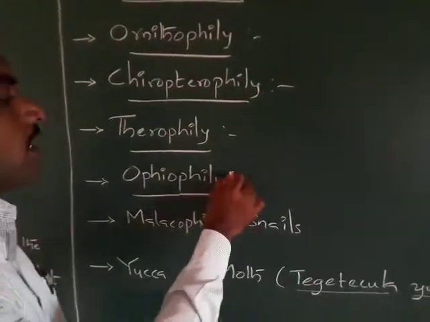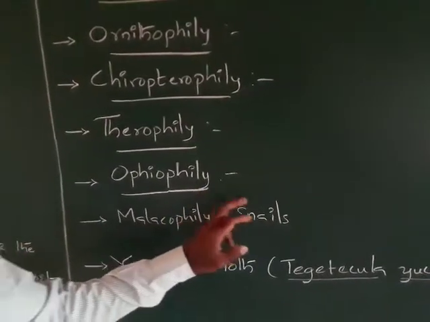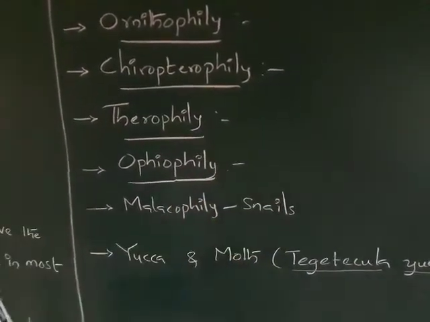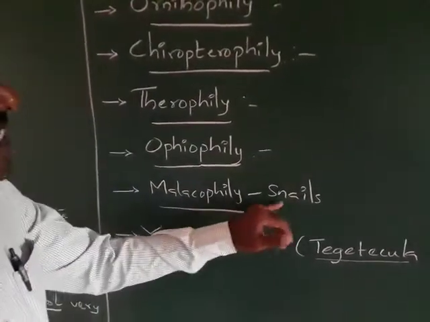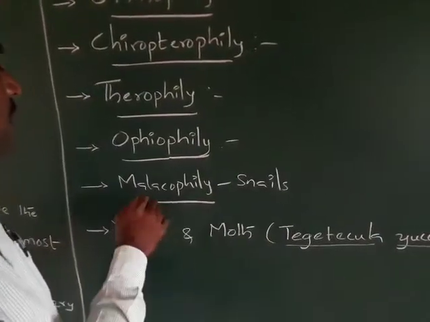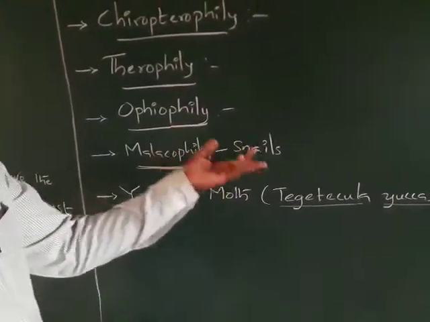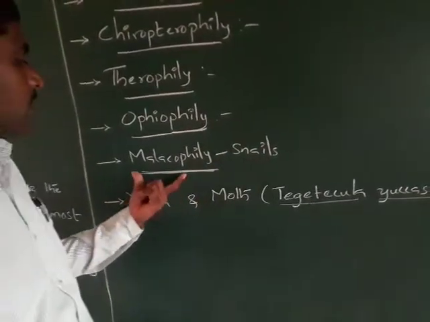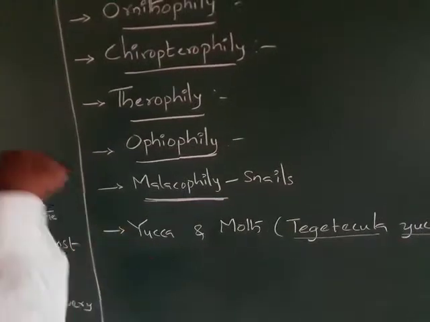Pollination by snakes is called ophiophily. Pollination by snails and slugs is called malacophily. These are the types of pollination.